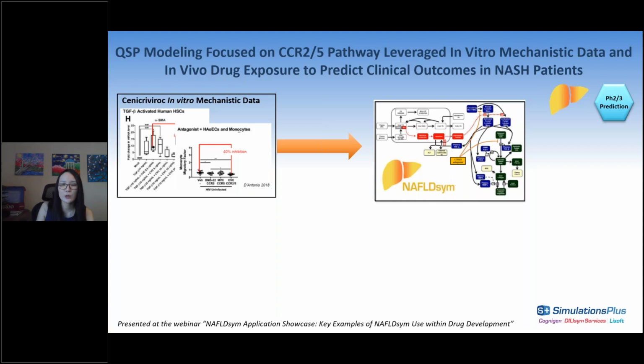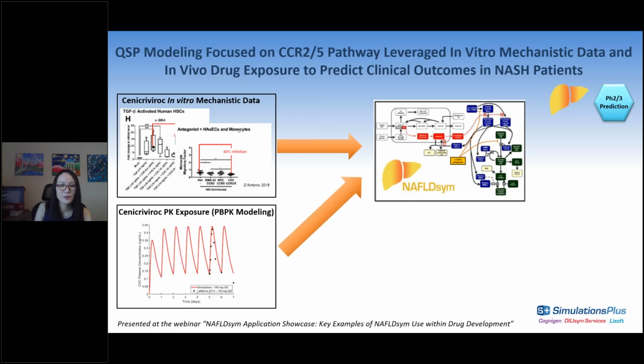These data were used to represent the therapeutic targets and also derive PD parameters. And we developed a PBPK model to simulate the exposure. In this case, clinical PK data from an early clinical trial was used to optimize the PBPK model.